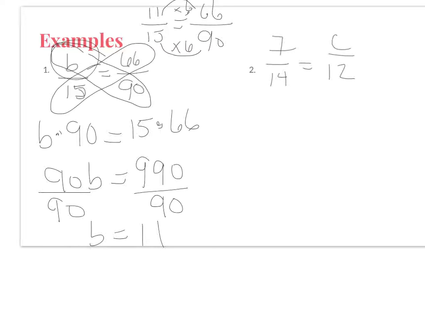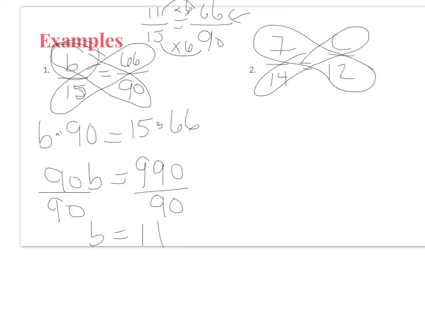Our second example is 7 over 14 equals C over 12. Here are our cross products, C and 14, and 7 and 12. You can't do 7 times something, or 14 times something, or 14 divided by something to get 12, so that little trick is not going to be helpful.